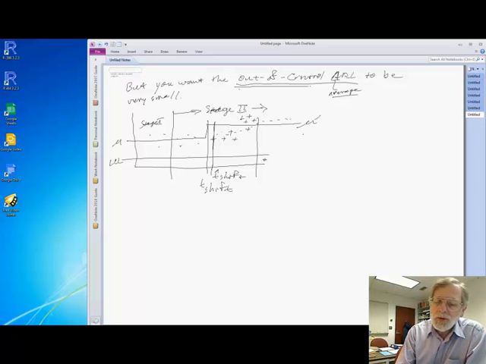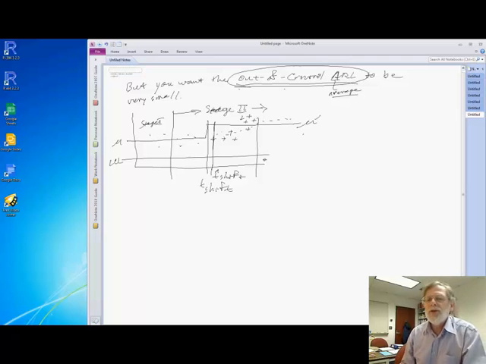But the out of control ARL is an overall consistent or general property of the control chart.